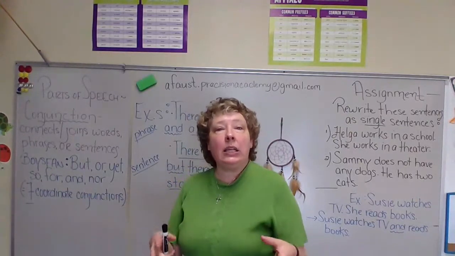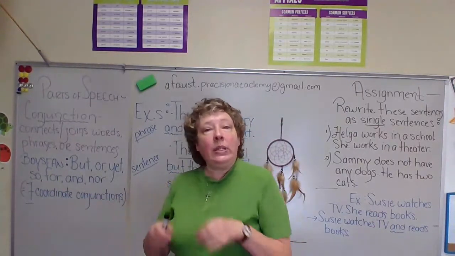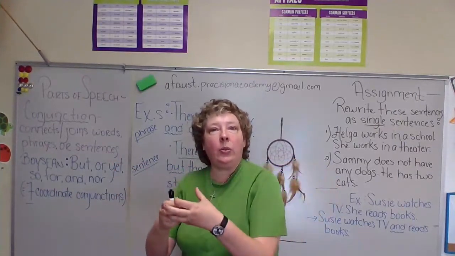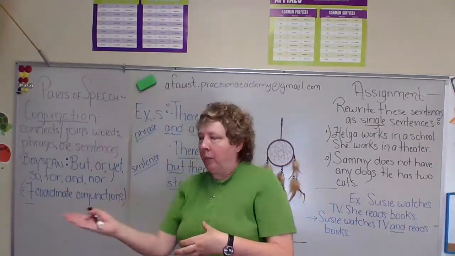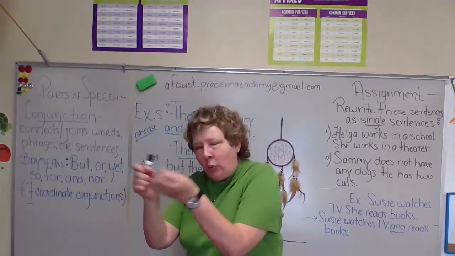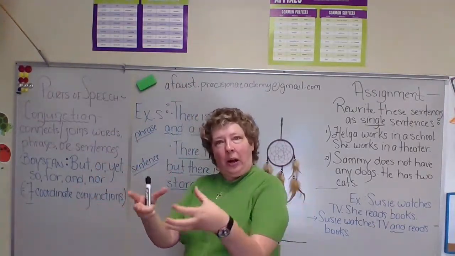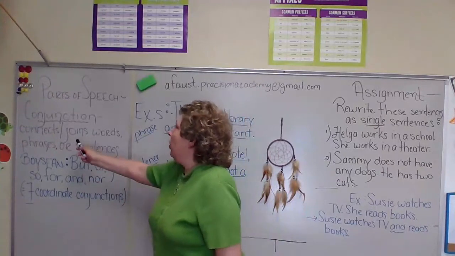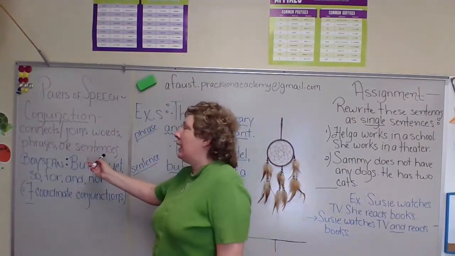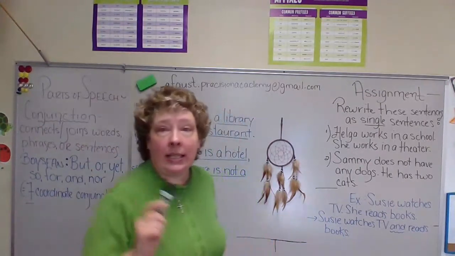He likes hunting and fishing. We need that and. Okay? We need to put the two together. Otherwise, fishing is just going to fall off the sentence. It needs a word to put it together. Okay? So, conjunction connects or joins words, phrases, or sentences. Here are some other examples.